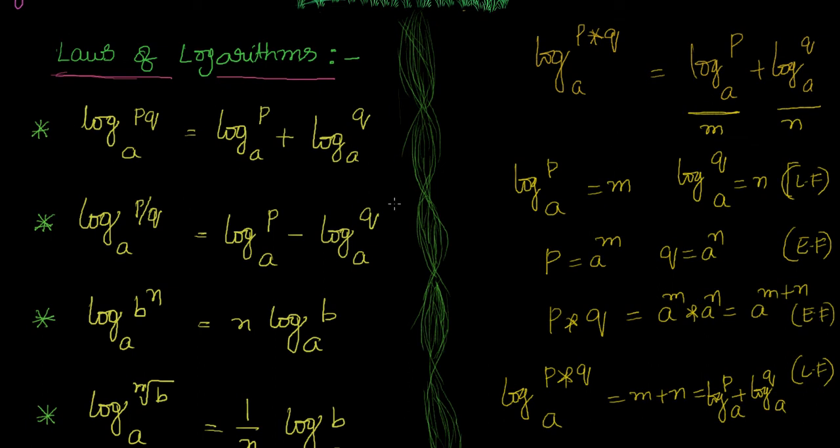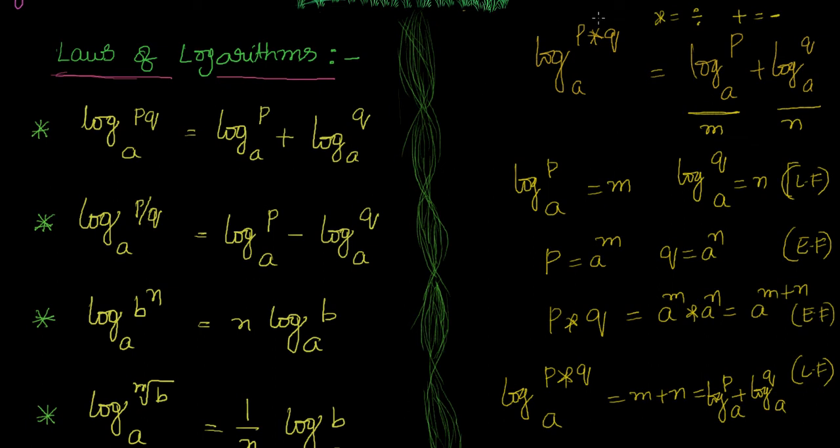Let's look at the second one. I request you to try the second one. Instead of doing it myself, I will give you a hint. Instead of into, it becomes division, and plus becomes minus.